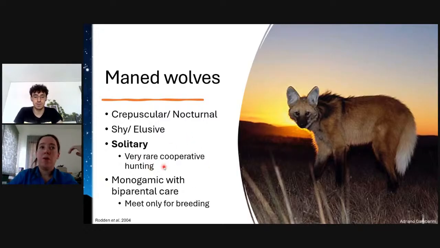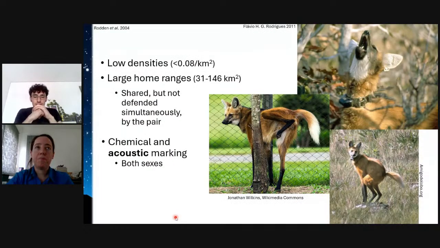Cooperative hunting is very rare. And the breeding pair are monogamous and both parents care for the young, but the breeding pair do not stay together all year. They only meet for breeding. So it's a very solitary species.